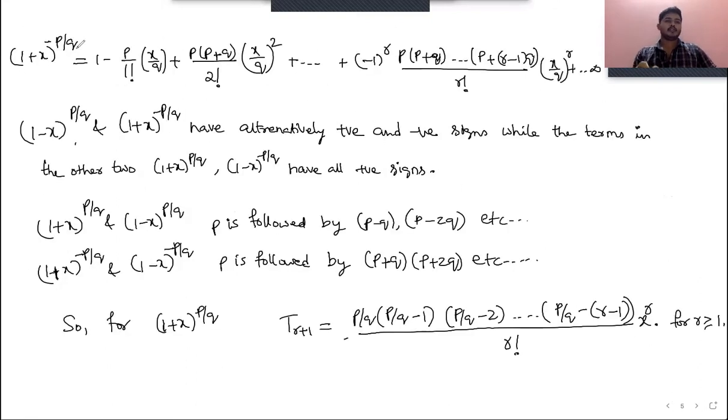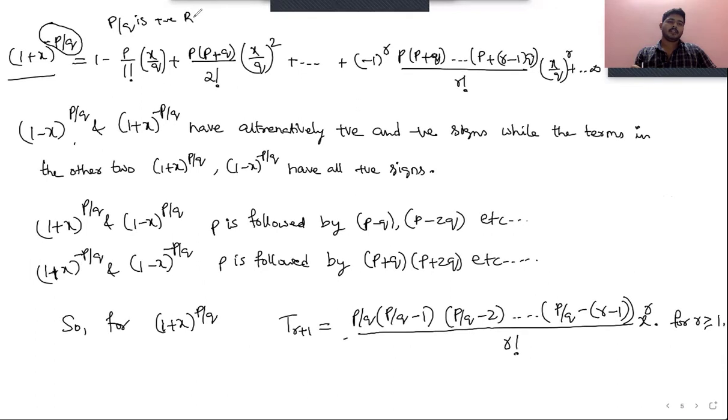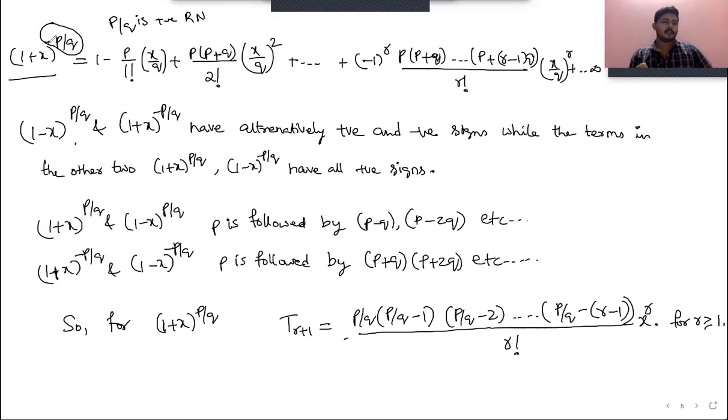The next. So (1 plus x) whole power minus p by q. We considered that p by q is a positive rational number. Okay, so for negative rational numbers it will be (1 plus x) whole power minus p by q, right? So in the place of p by q it will be minus p by q.